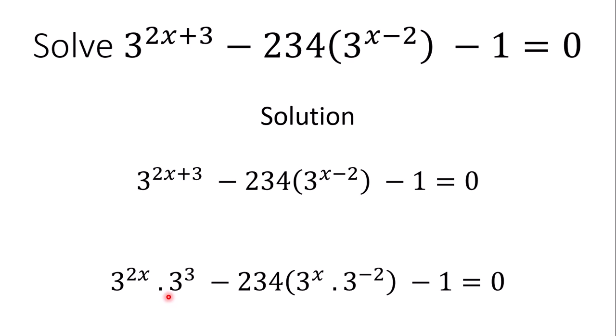Here 3 raised to the power 3 is 27. And 3 raised to the power minus 2 is 9 raised to the power minus 1, and from the negative index law of indices, 9 raised to the power minus 1 will give us 1 out of 9.